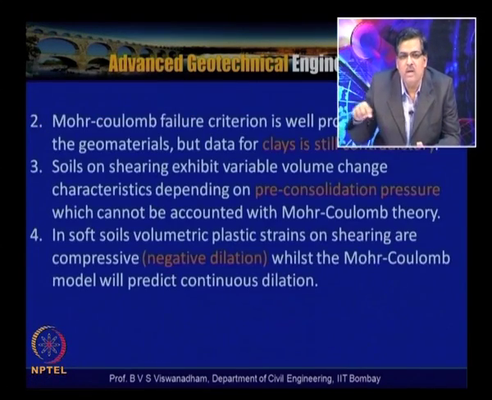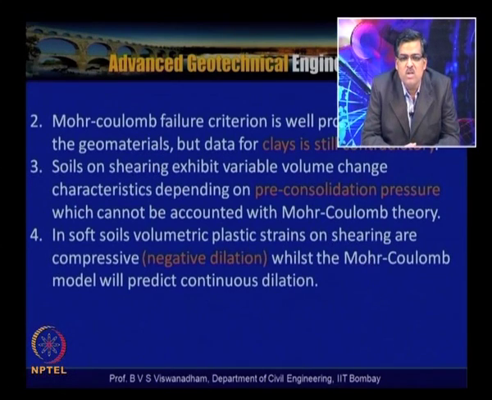Further, the Mohr Coulomb failure criterion is well proven for most geomaterials, but for clays a number of attempts are being made. Soils on shearing exhibit variable volume change characteristics depending upon the pre-consolidation pressure, which cannot be accounted for with the Mohr Coulomb theory.